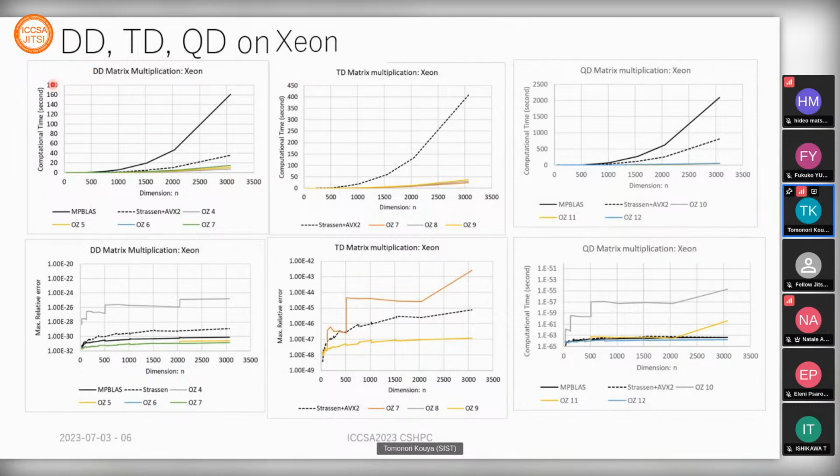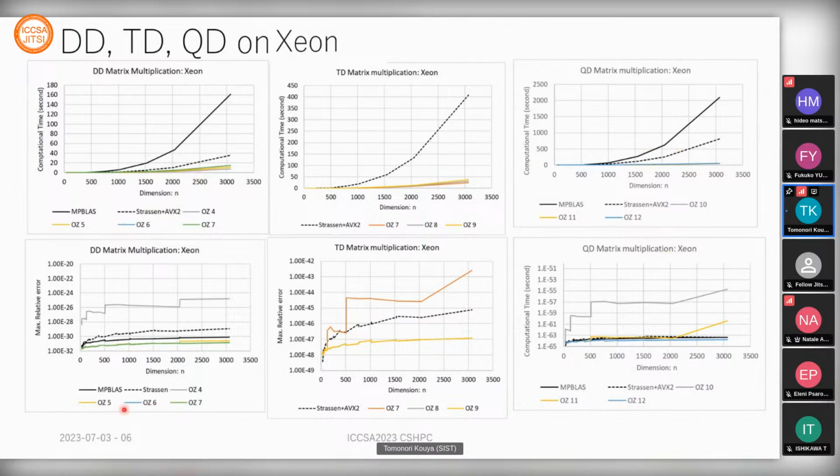This figure shows our Strassen matrix multiplication is faster than MPLUS RGEMM functions, and matrix multiplication with Ozaki scheme can be much faster than Strassen matrix multiplication like this.